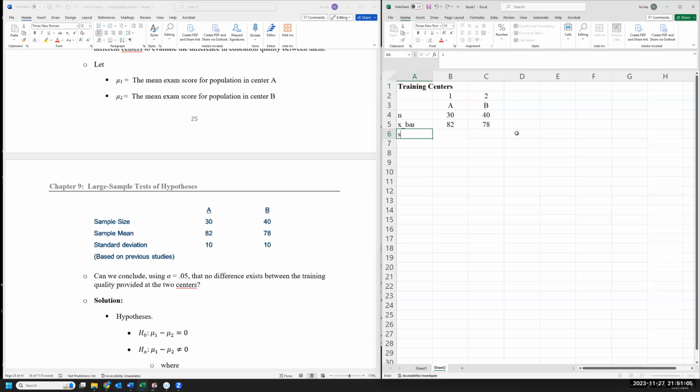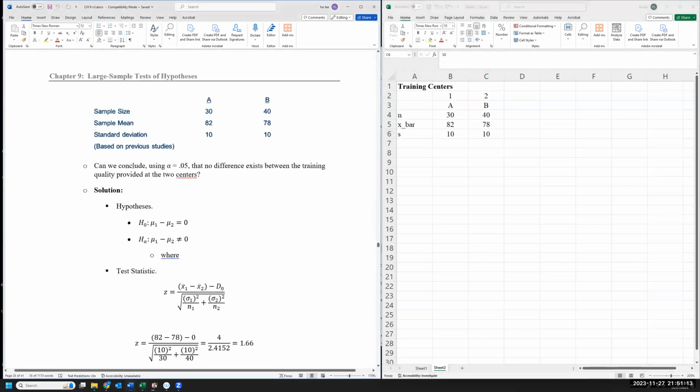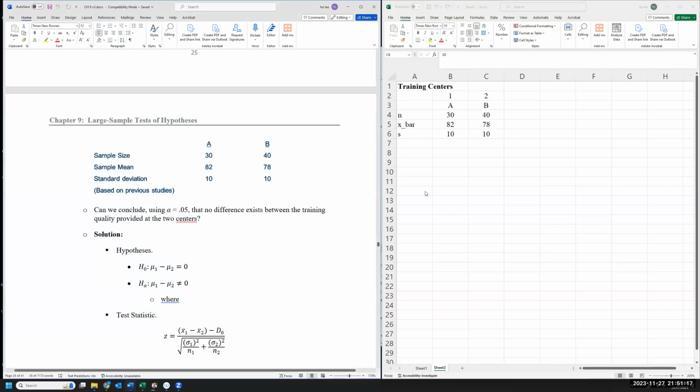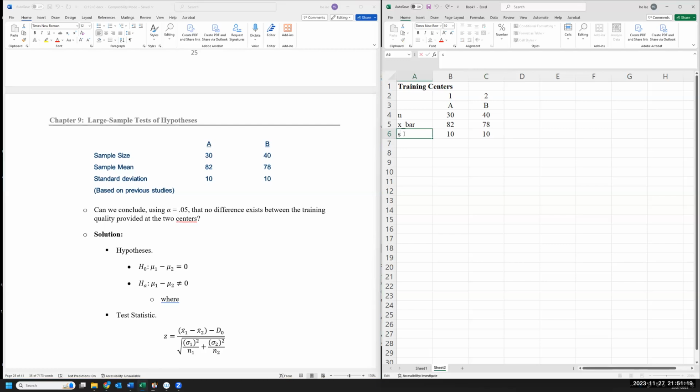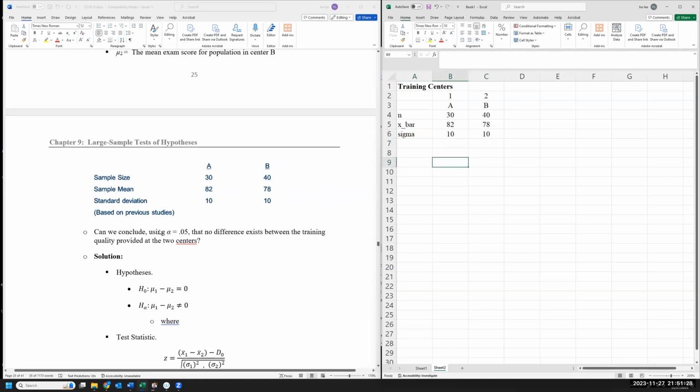And the standard deviation S is 10 and 10. They say this is based on some previous studies, so likely they're saying this is sigma, but it doesn't matter if it's sigma or S, we're still going to use the tens.